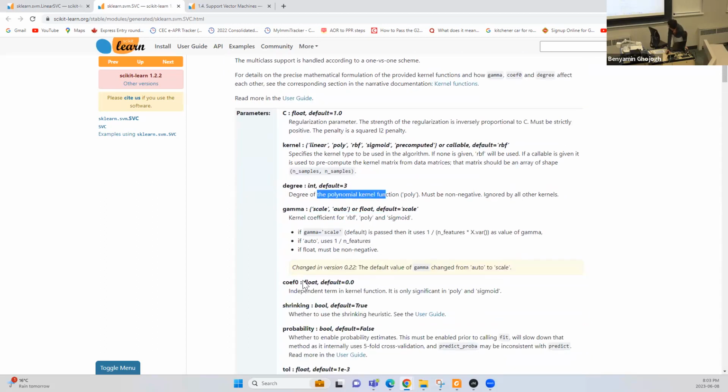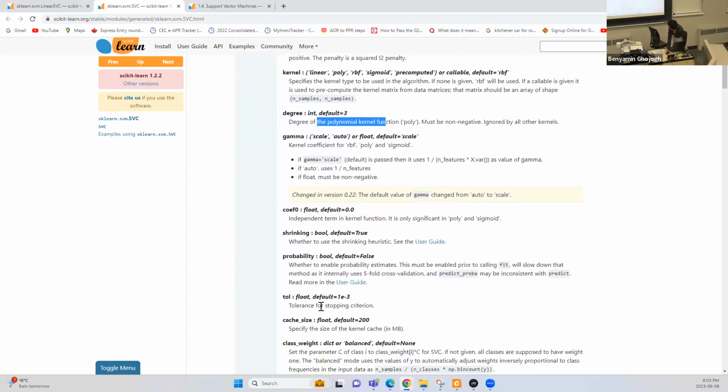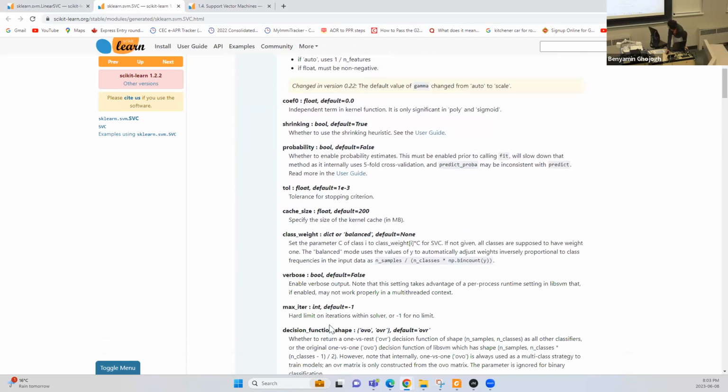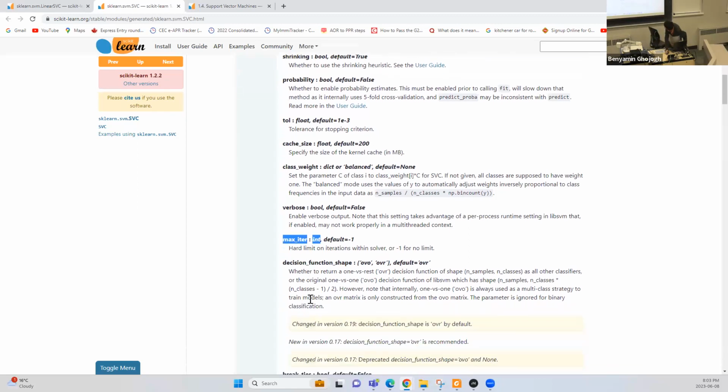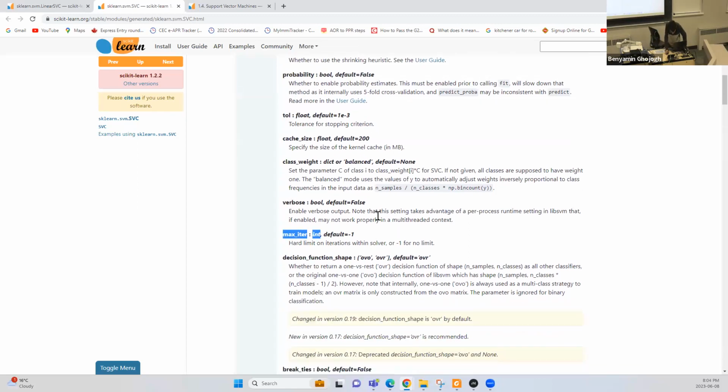See, these are the inputs that you can set in the library whenever you want to use this. For example, maximum iterations. What does it mean? As I told you, you need iterative optimization to solve SVM and kernel SVM. It says if you pass the maximum number of iterations, stop the optimization. I don't want it to be too time consuming to optimize. Something like that. Okay. Let me go back to slides.